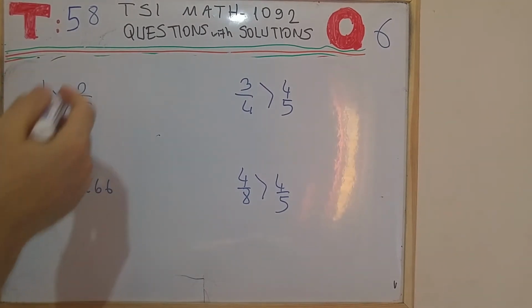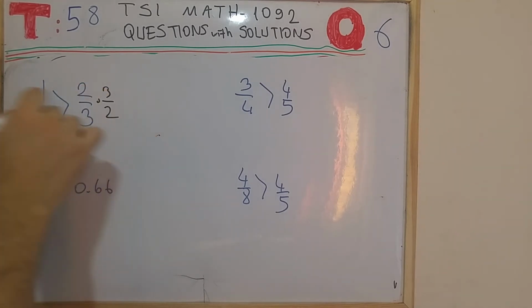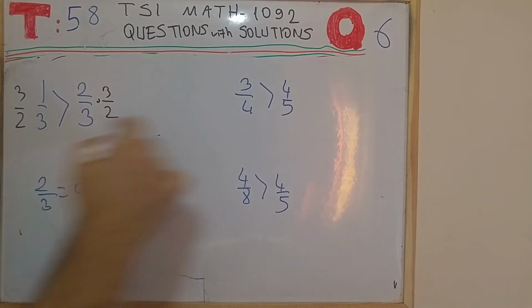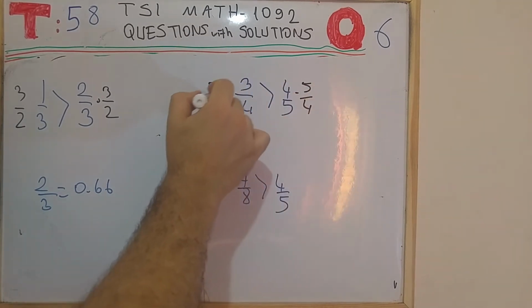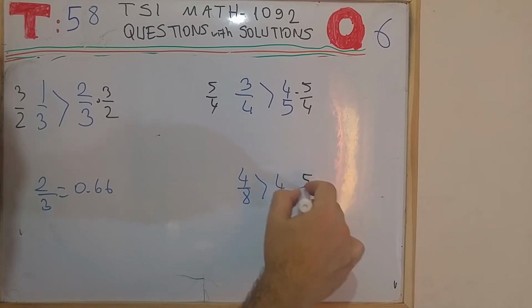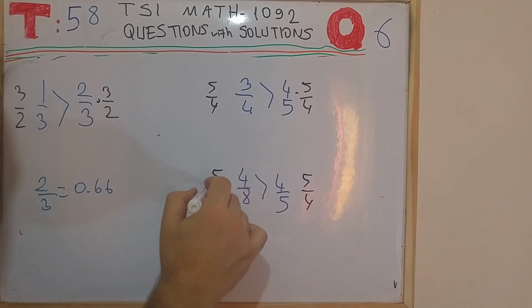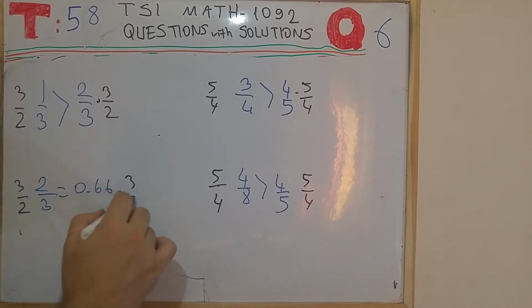So when I do that, I just have to multiply each side by 3 over 2, like this one. And I just have to multiply each side by 5 over 4. And here again 5 over 4. And here what I need to do is to multiply by 3 over 2.